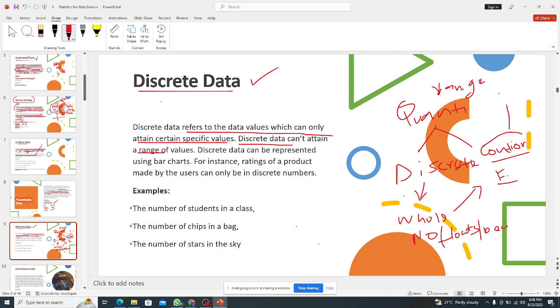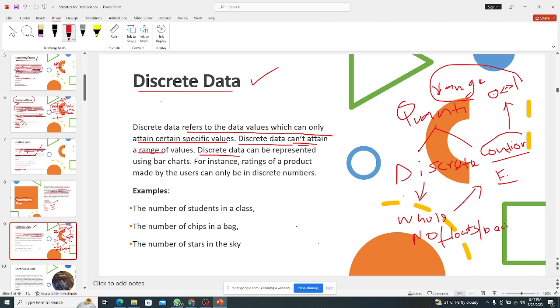For example, if I tell you to give me the values between 0 and 1, remember I said that there exist millions and millions of values between 0 and 1. Basically, that's a range.